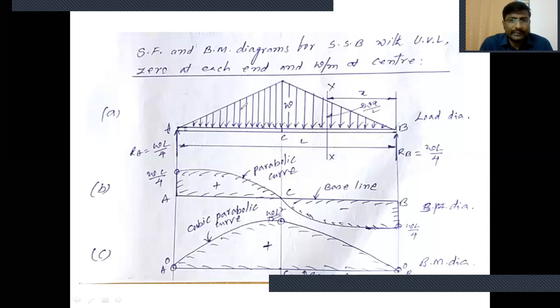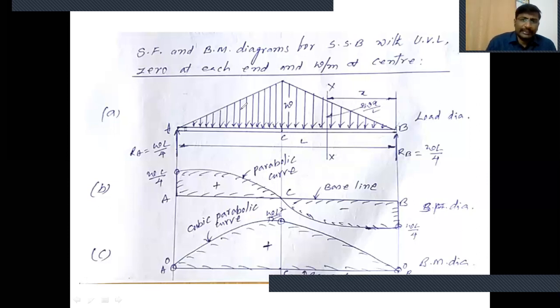Here two reaction forces are in the upward direction, that means RA and RB.